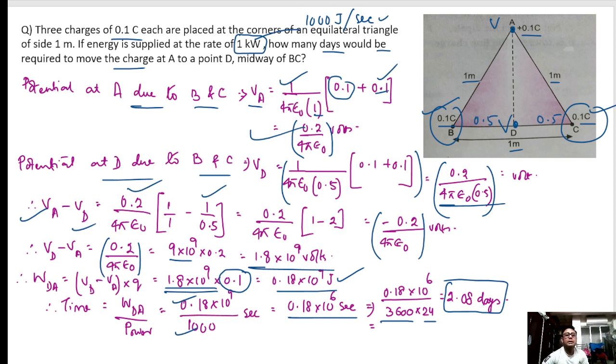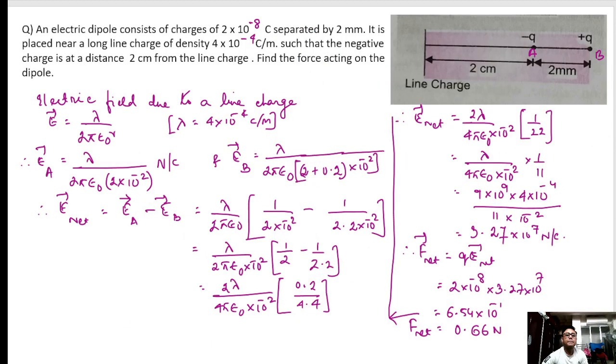So next, let us see the sum. Okay, so there is an electric dipole. As you can see that there is a dipole minus Q and plus Q separated by 2 millimeter.